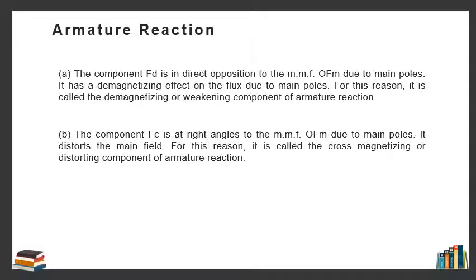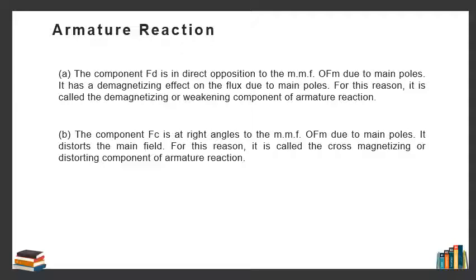It has a demagnetizing effect on the flux due to the main pole. For this reason, it is called the demagnetizing or weakening component of the armature reaction. And the component FC is at right angle to the MMF OFM due to the main poles. It distorts the main field. For this reason, it is called the cross-magnetizing or distorting component of the armature reaction.